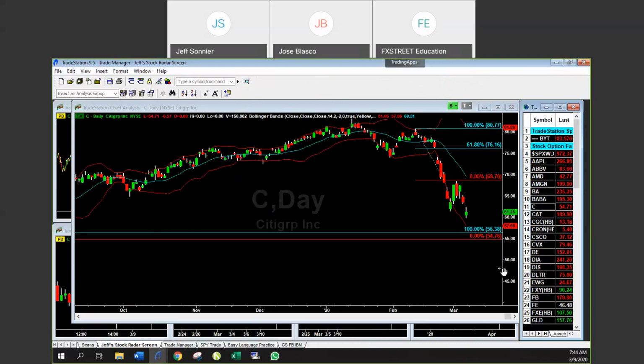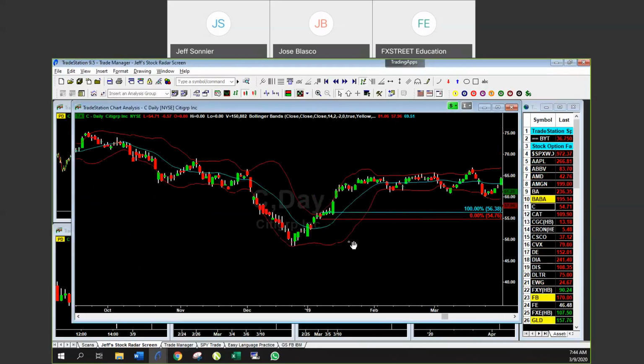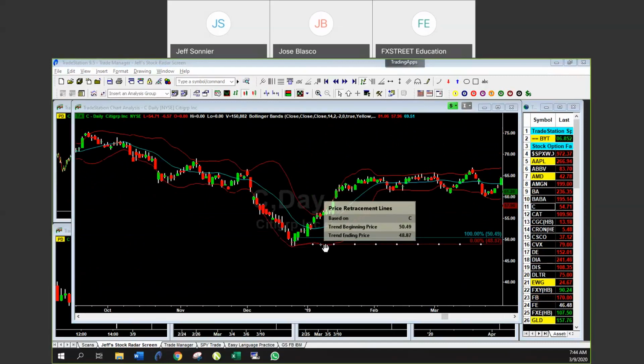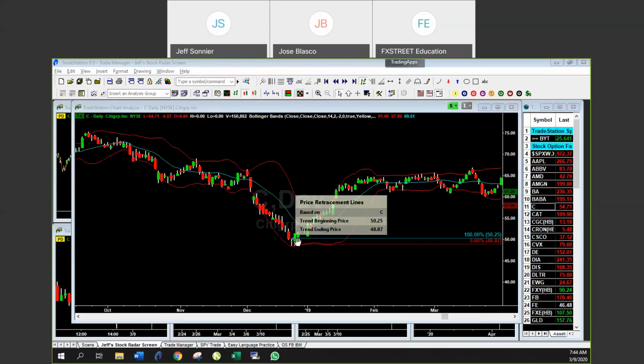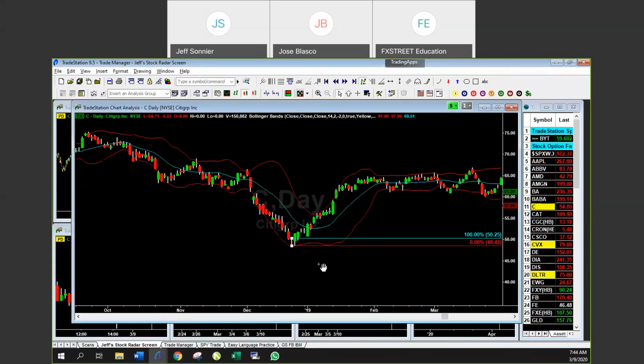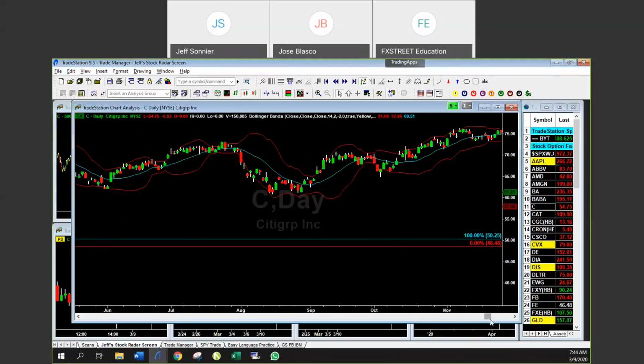So this one, we're already at 54.71. So it's already gone through this zone right here. If I look at this, I may want to choose this zone right here. And if it goes down to this pivot point and doesn't go any lower, that could be a good sign, a good level.